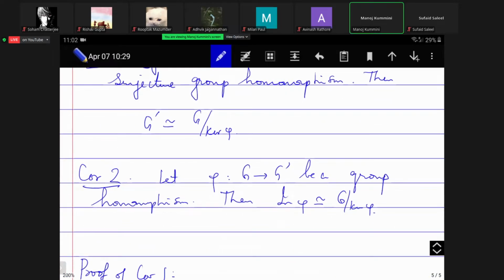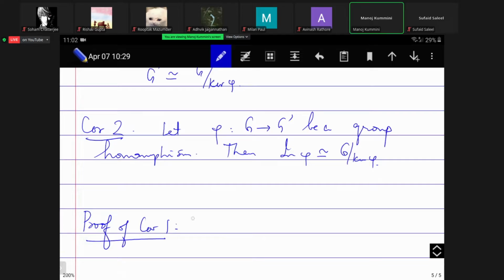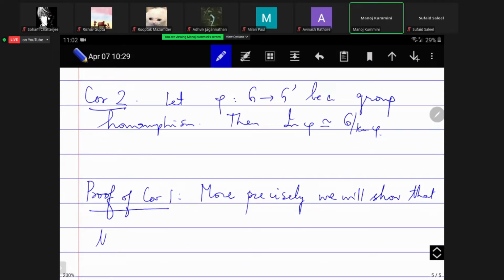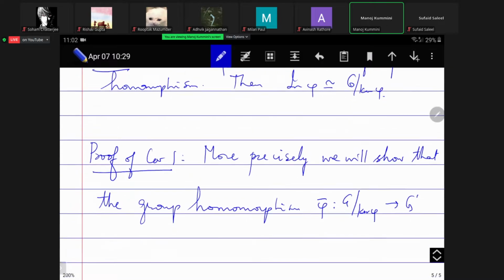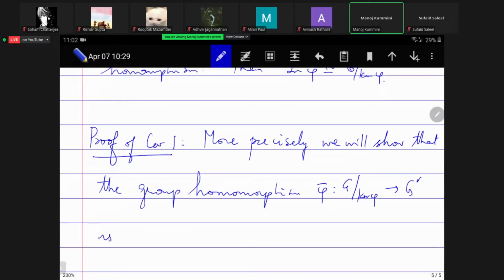So we'll make a more precise statement. More precisely, we will show that the group homomorphism phi bar from G mod kernel of phi to G prime is an isomorphism.